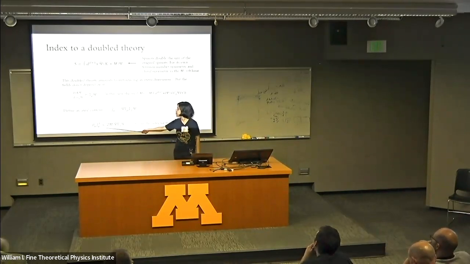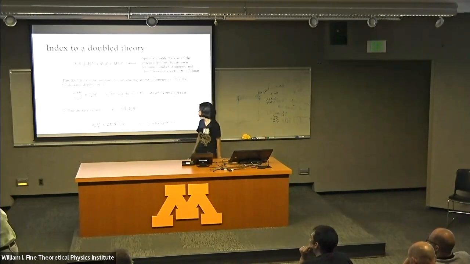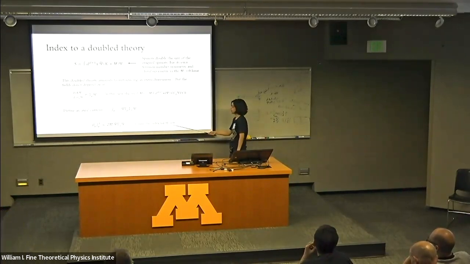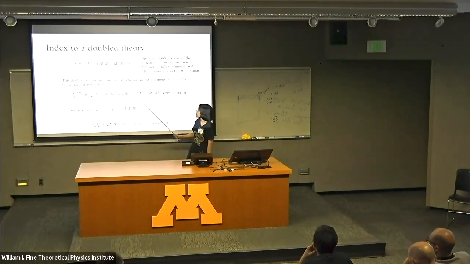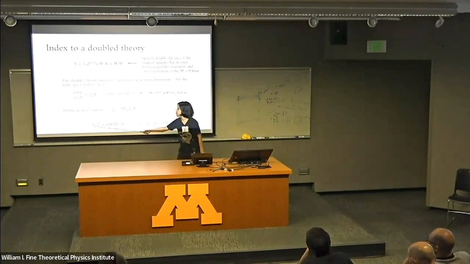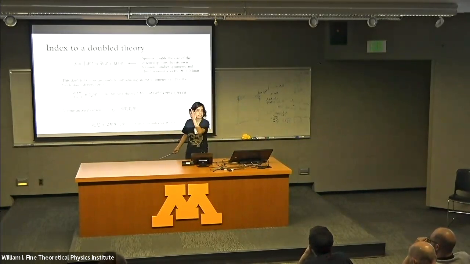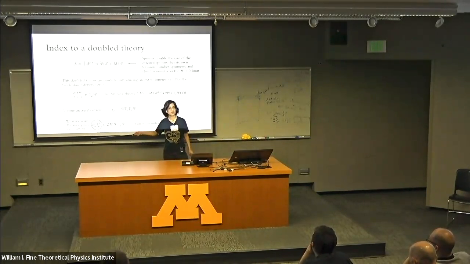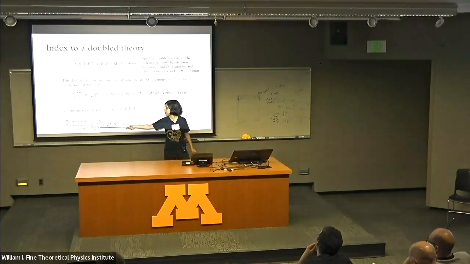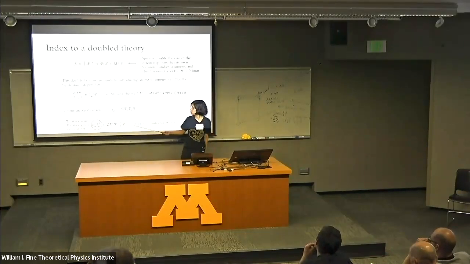I mean, this current is the same current as that. And of course, if I take the limit of m going to 0, then as you can see, the index is related to the divergence of this axial current. So I have what I wanted to get to. I have related the divergence of a current to the index.